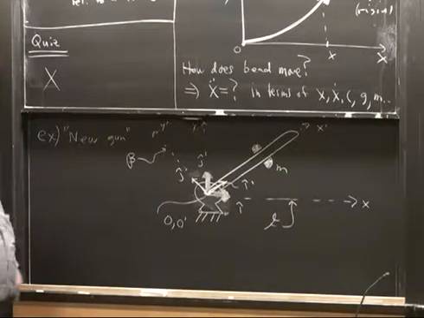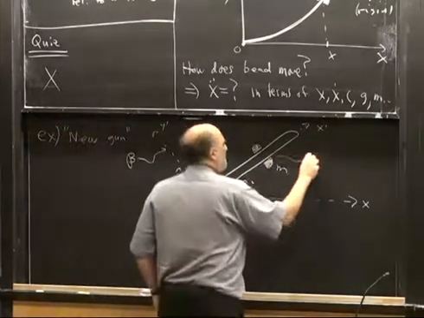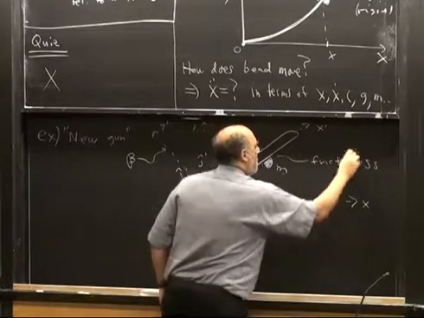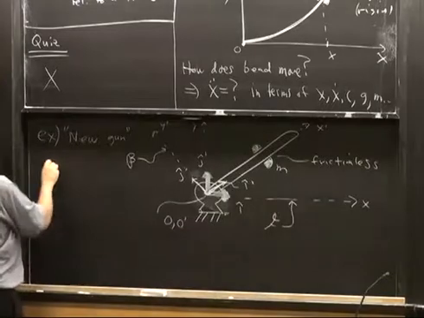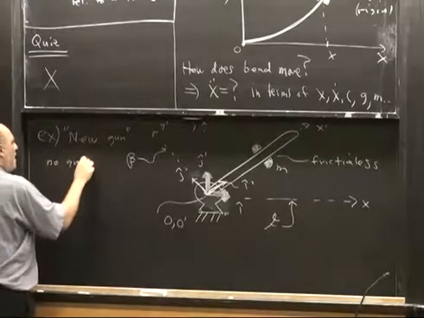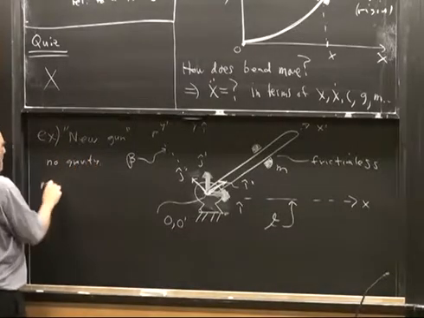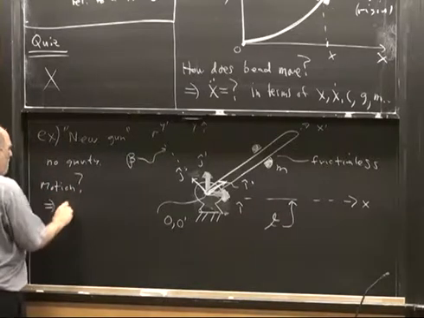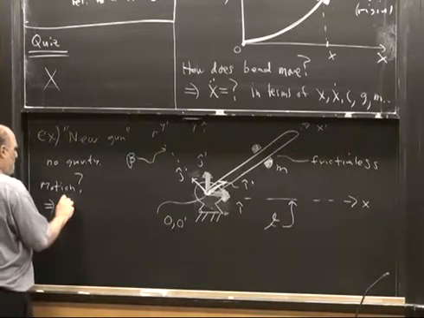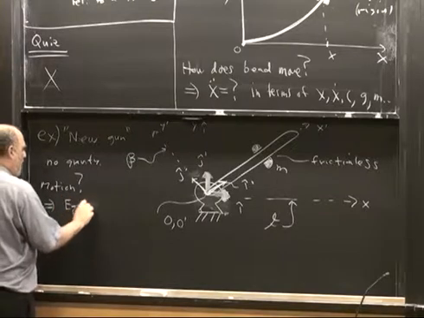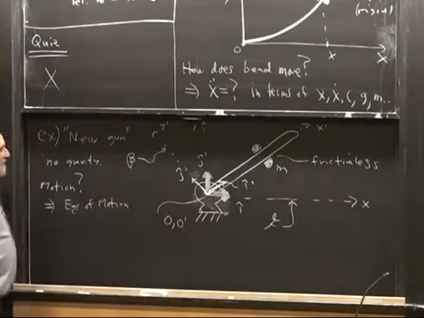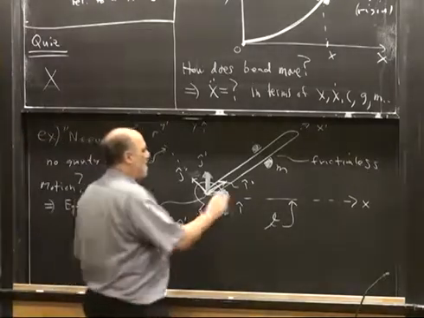Okay, so now we'd like to figure out how this moves. Let's say this is frictionless. Let's say there's no gravity. And we're trying to find the motion. How are we going to find the motion? We're going to find what we call the equations of motion, which means we just want to solve for the accelerations given all the positions and so on.